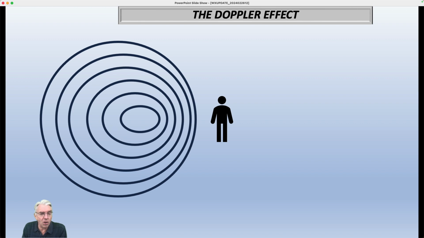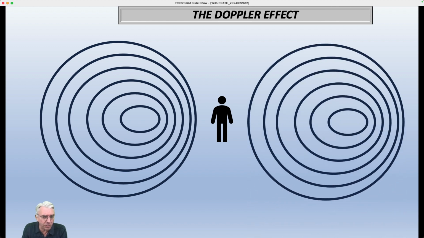Well, that's what's going on here, is that as it approaches you, you're going to have a higher pitch of sound. And then as it leaves you, the waves are going to be bunched up on the opposite side and farther apart close to you. And so as the frequency goes down, the pitch goes down, and you hear that tailing off effect of the sound, okay?